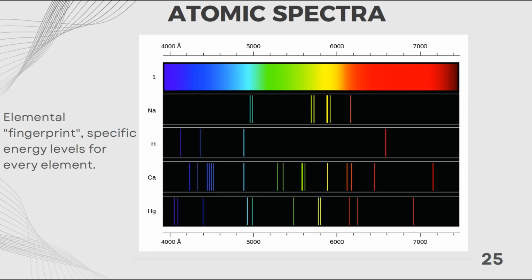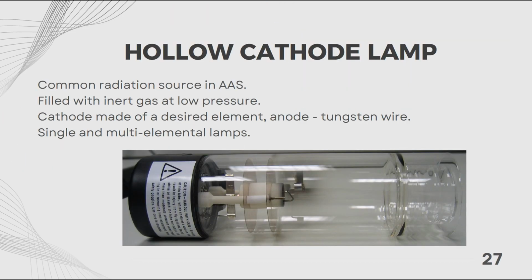It sounds not very suitable. So you think that we have so many elements, we need a cathode lamp for any element? Yes, indeed. But the great advantage is that using the same lamp will give you a really nice sensitivity. And of course, if you have 2 or 3 metals together, you will get multi-elemental lamps, but it will give you more lines.